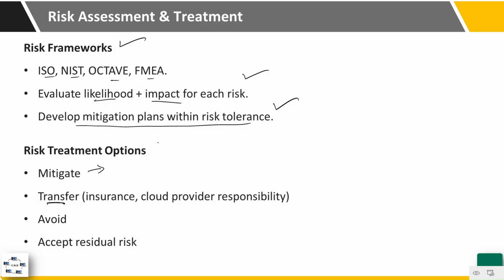Then we may have transfer, which includes buying insurance, or if the development environment is inside the cloud, the risk treatment responsibility may be shifted to the cloud provider. We can avoid the risk by not carrying out the specific project. And lastly, we need to accept the residual risk after mitigation.